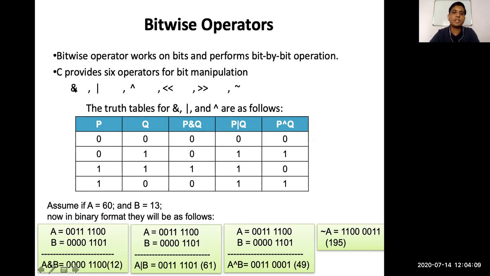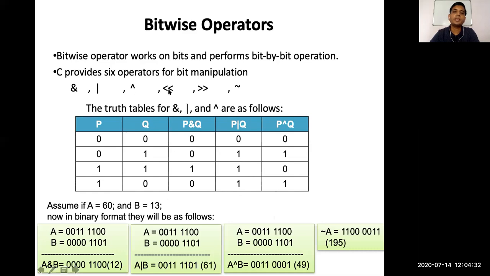So the very first one is the AND operation, which uses the truth table where only 1 and 1 gives 1. The OR operation gives 0 only for 0 and 0, the remaining are 1. For the XOR operation, if both inputs are the same, then the output is 0, and if both inputs are different, then the output is 1.